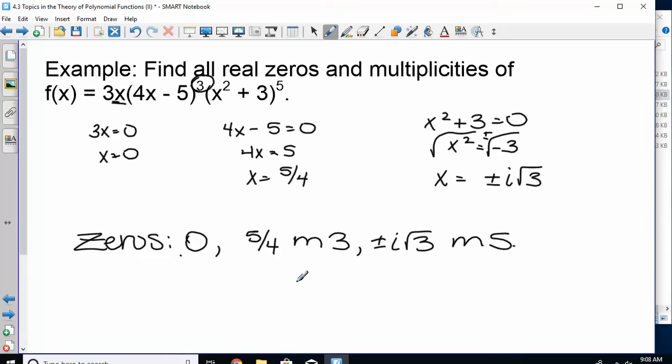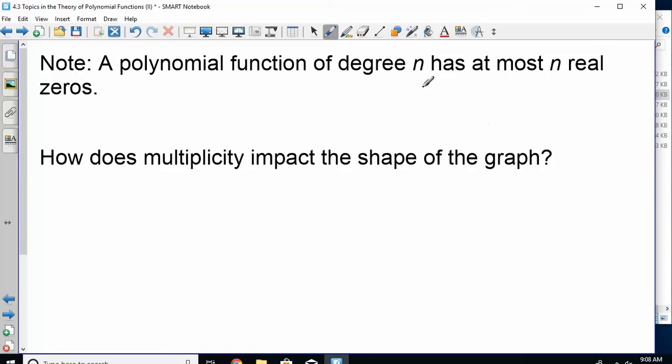If it is an even multiplicity, it will hit it and bounce off on the graph. So those are pieces that we've talked about before, but if you've forgotten that, you might want to jot it down. The degree tells you how many zeros you will have.